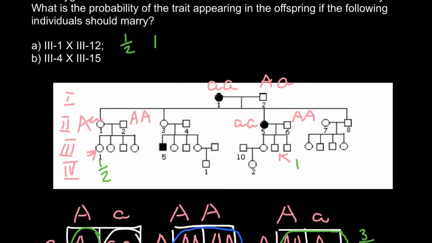And if this couple would have a child, probability that this child would be affected, according to our last Punnett square, as you remember, was 1/4.